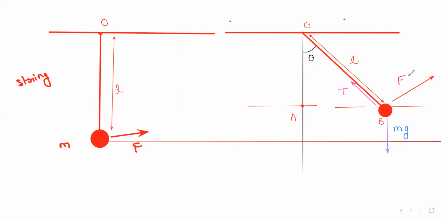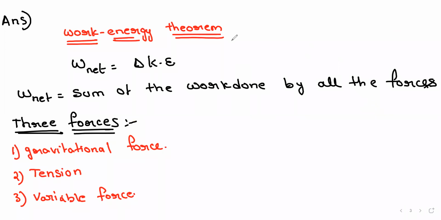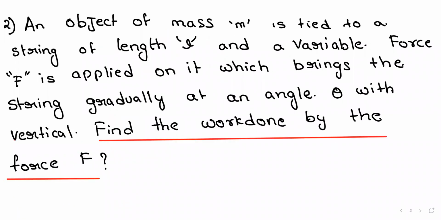So we have how many forces? Three forces. So net work done is equal to work done by tension plus work done by weight, that is mg, plus work done by the force F, which I take as horizontal.